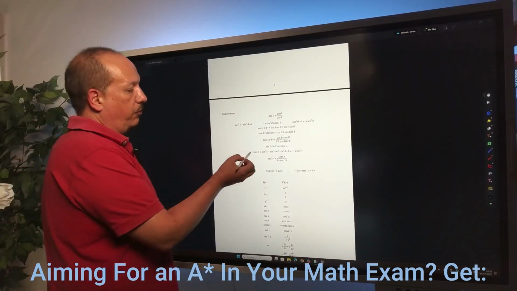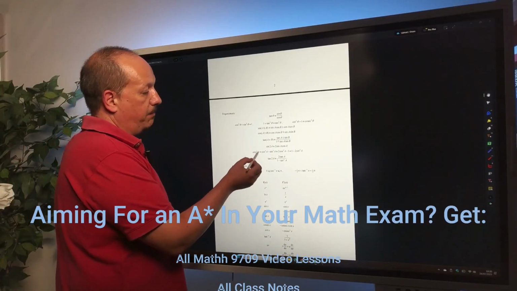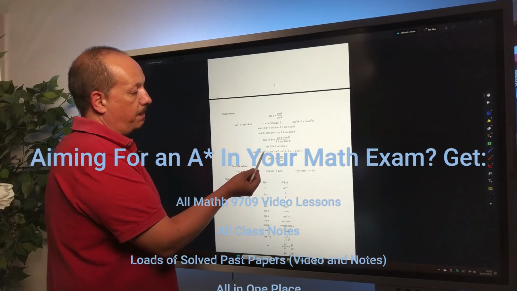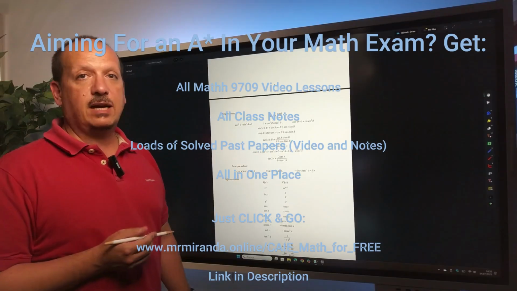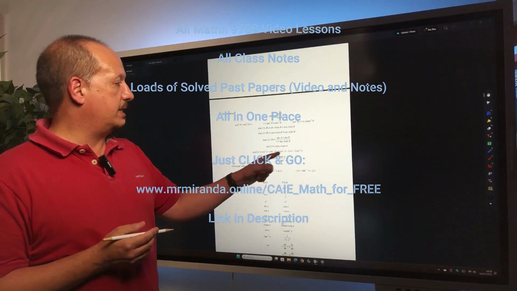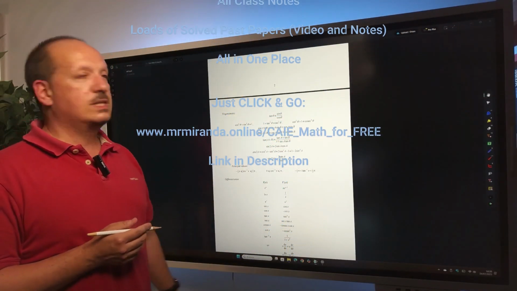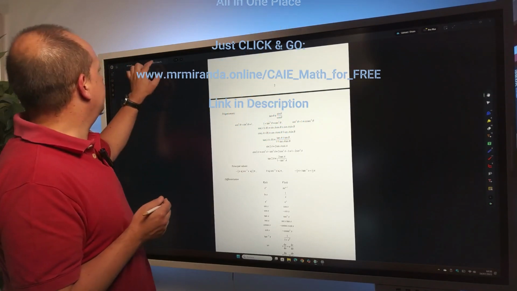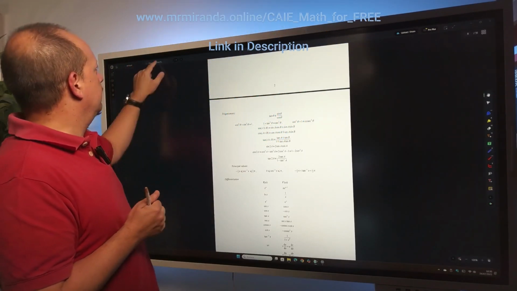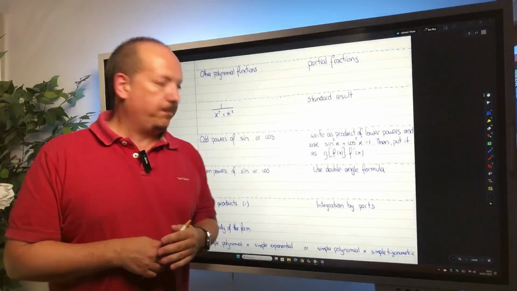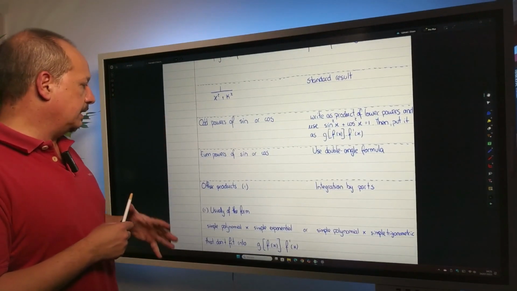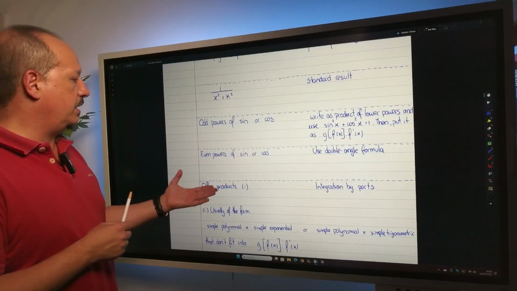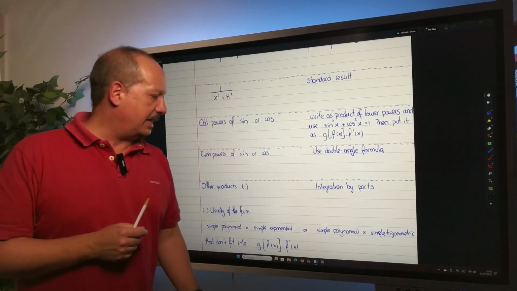The double angle formula, particularly for the cosine, involves cosine squared and sine squared of the angle. So you can break this down and turn it into cosine of 2 times that angle, which will make the expression simpler.